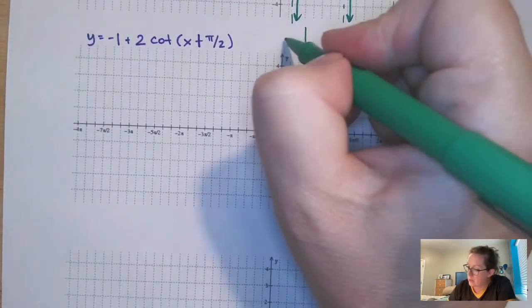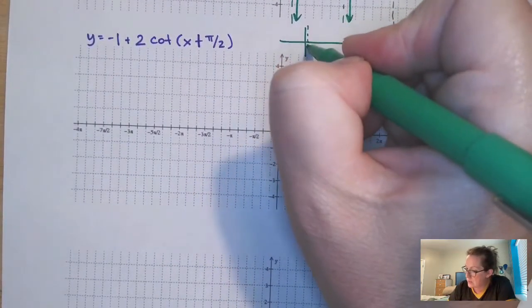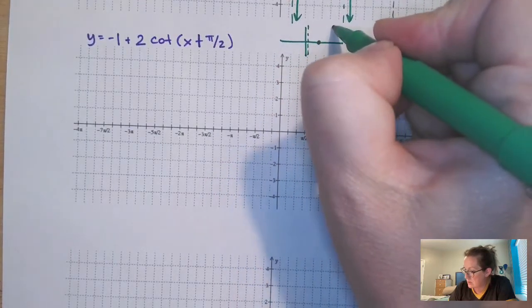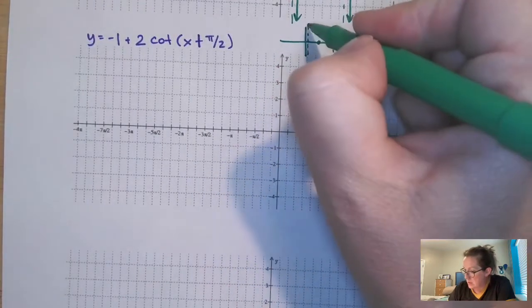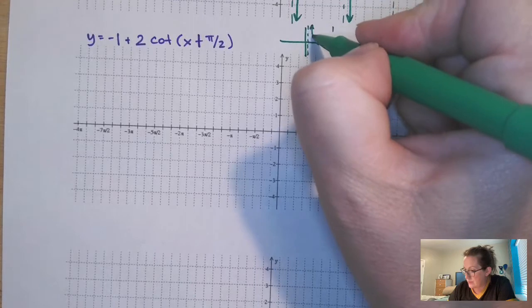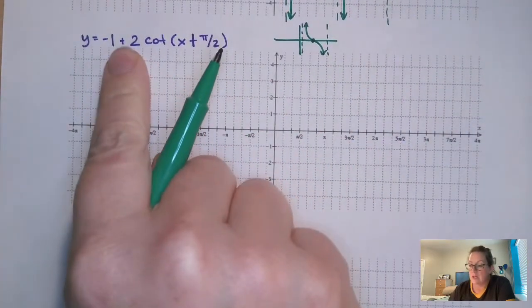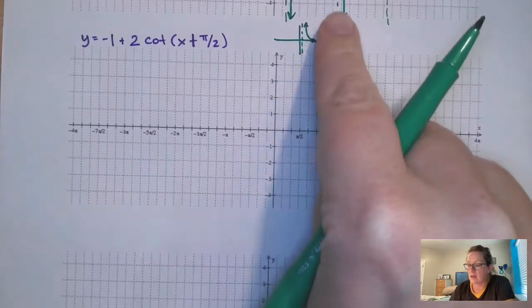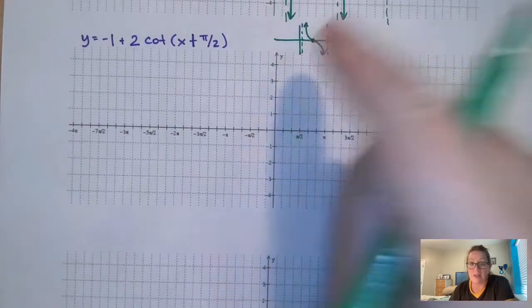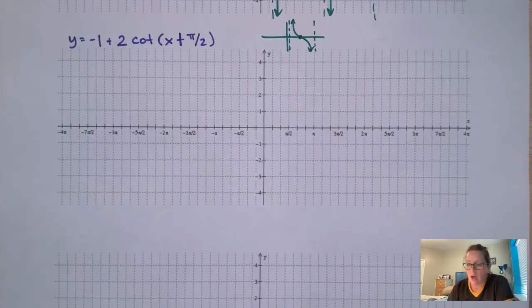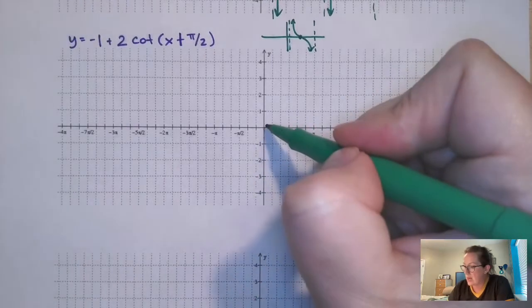Let me draw my little graph really quick. Asymptote and negative. Okay. If this was a negative cotan, then it would really be up like a tangent function. Okay, so we're moving our asymptote.